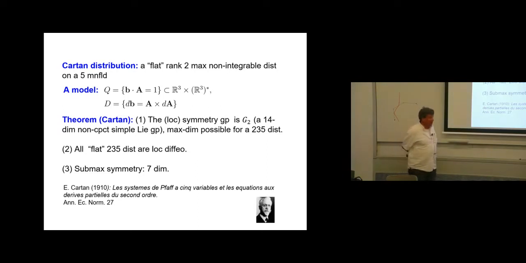You need, I think, the full theory of Cartan to do that, but this is a fact. Okay, another result. You can use a general theorem of Cartan to show that this has a 14-dimensional symmetry group. We call it a flat distribution, those which have maximum symmetry.